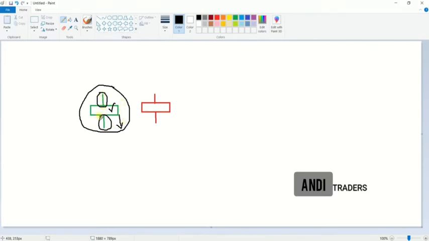You can see the candle starts from here, the sellers enter, again buyers reject the sellers, it goes up, and again here the sellers enter the market, and the candle closes here. So this shows us the sellers are dominating in the market, and we can expect a seller's candle at any time.